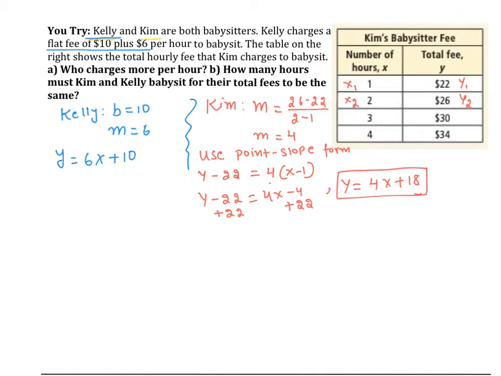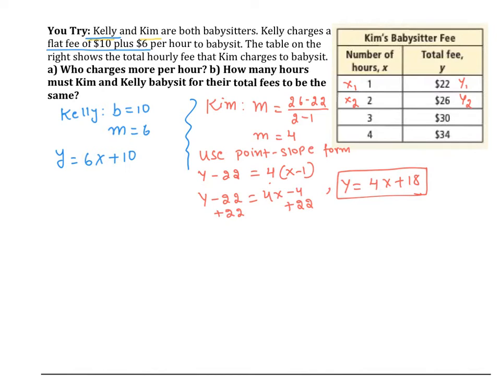You're going to get y by itself because you want the equation in the form y equals mx plus b, so you add 22 on both sides. So y equals 4x, and 22 minus 4 would be 18. So y equals 4x plus 18, and that's the equation of Kim's babysitter fee from the table above.